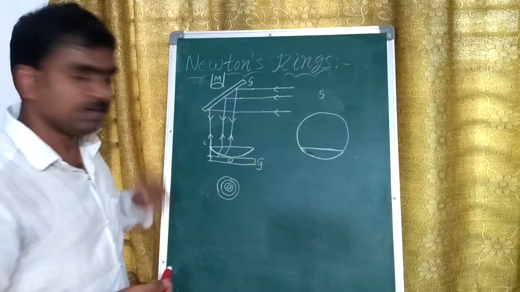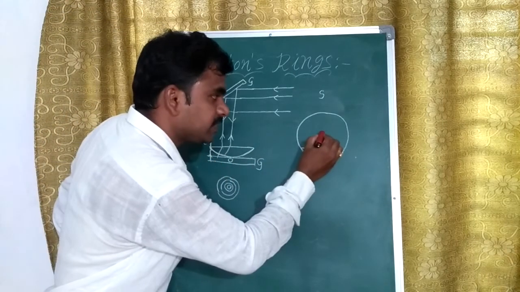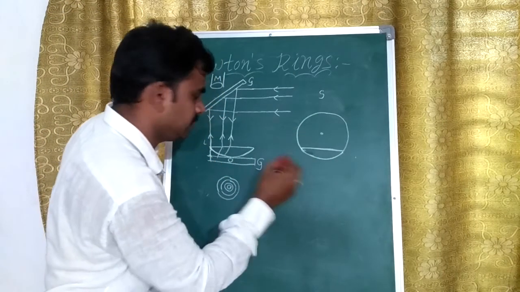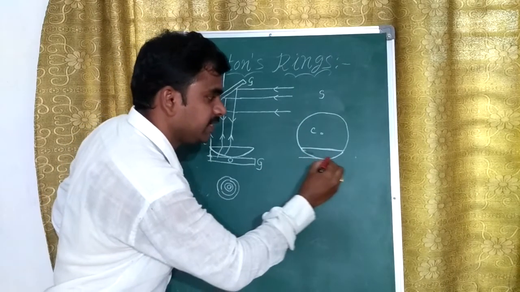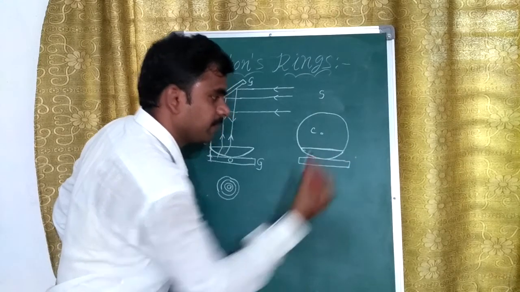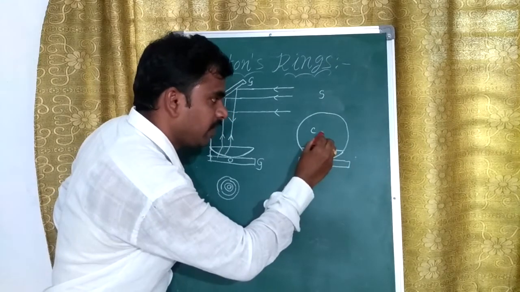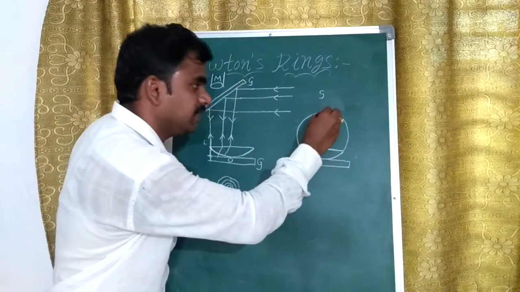Like this, we get this plano-convex lens, whose center I am calling C, and it is placed on a plain glass plate. We have to take its radius of curvature, which I am also calling R.